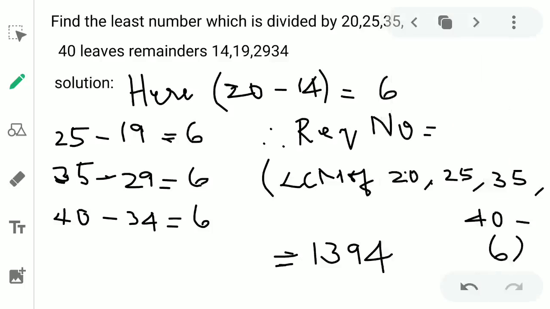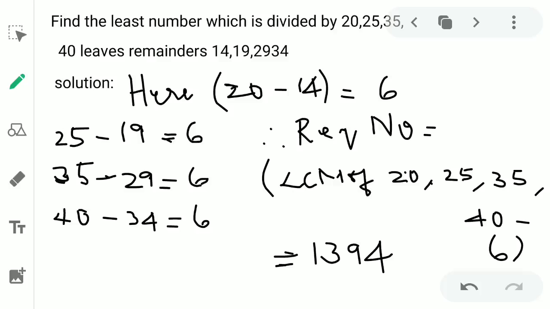Moving to the 19th question: find the least number which when divided by 20, 25, 35, 40 leaves remainders 14, 19, 29, 34.